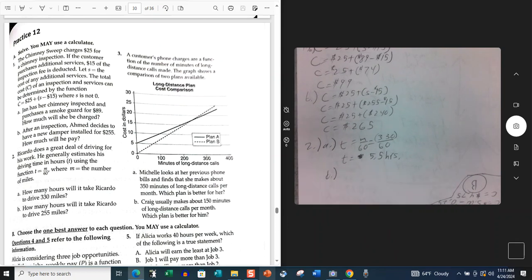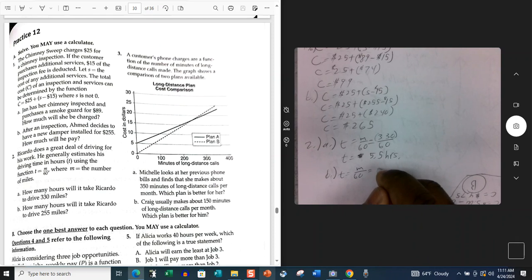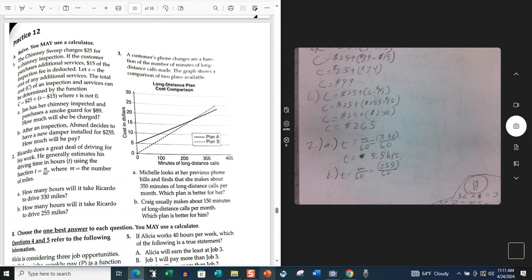Now we have B. It says, how many hours will it take Ricardo to drive 255 miles? So t equals m over 60. The m will be 255, so 255 over 60. Now, we can simplify this, and we could use our calculator.